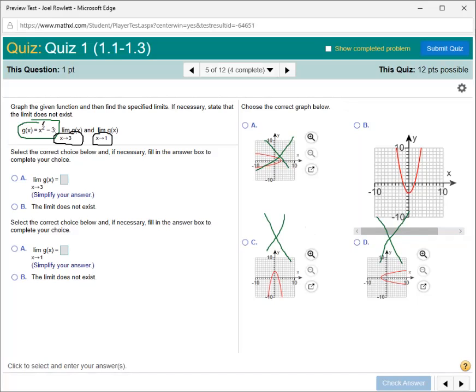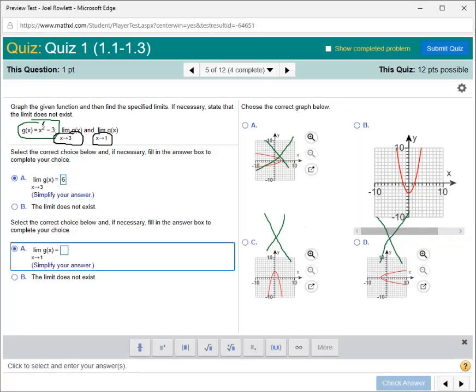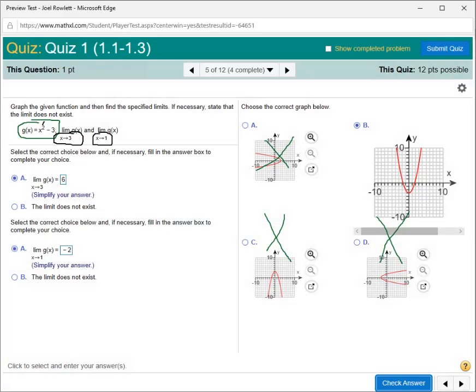So for the first one, I've got 6, and for the second one, I've got -2. And of course, it's graph B. We will check that, and we got that correct.